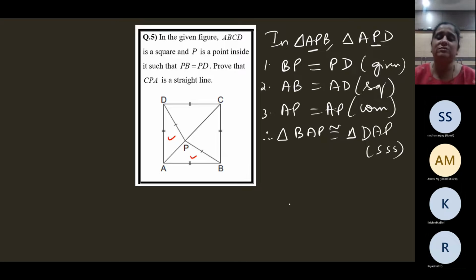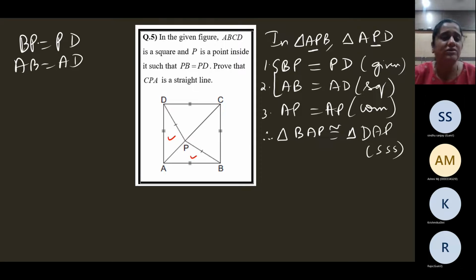Okay. So CPCT, for those who've forgotten, I'll just tell you how to write it again. Children, take any two information. I've told you, take any two information. Say BP is equal to PD and AB is equal to AD. So now in this one, which is the common letter? B is the common letter. So write that letter like this: PB, BA.